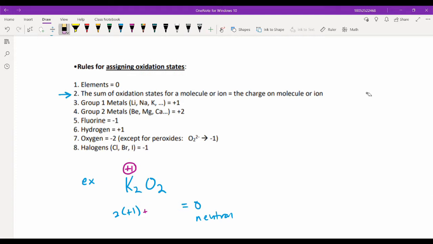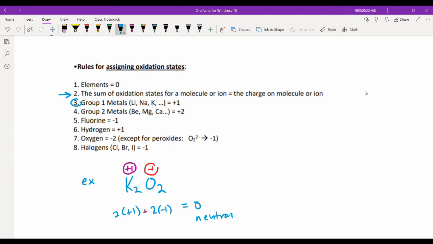That's rule 3 before we do oxygen. If we do potassium first, we realize that the oxygen has to be -1, and only in that way will these oxidation states add up to 0 because it's neutral.